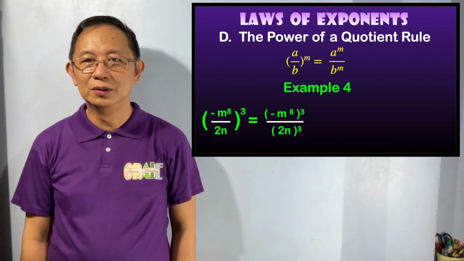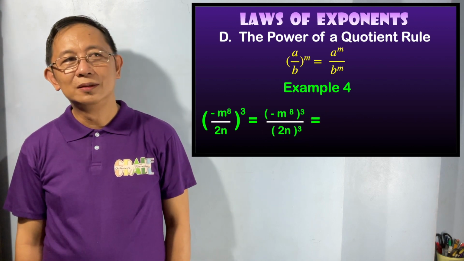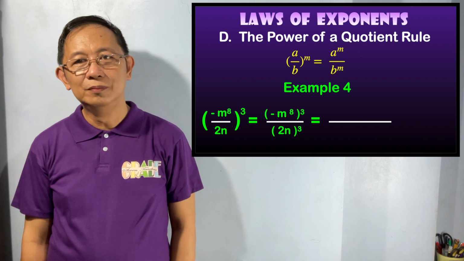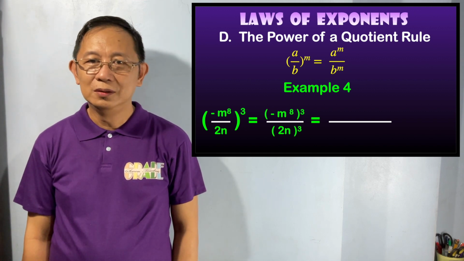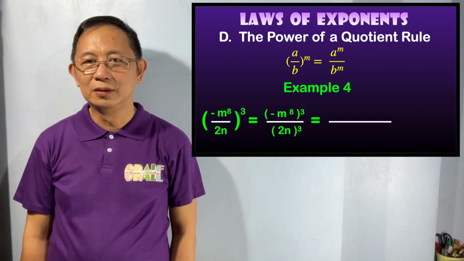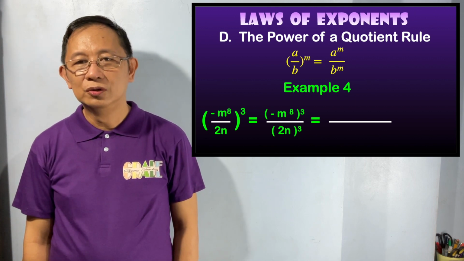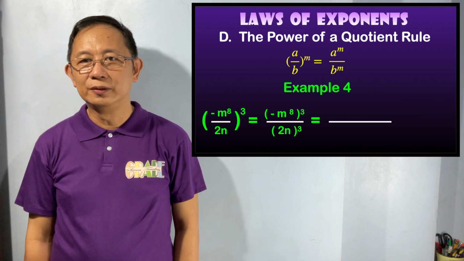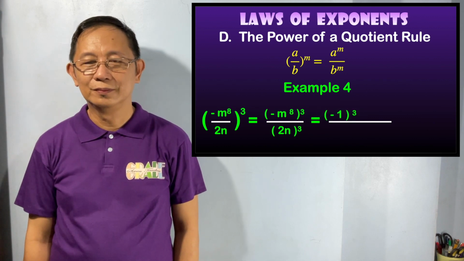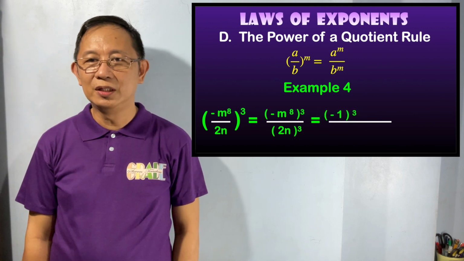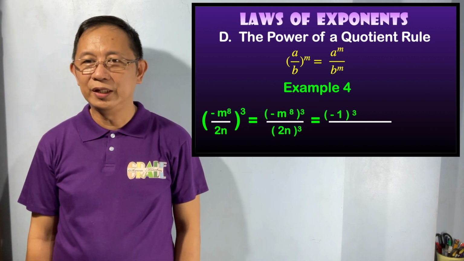This is equal to, remember that the coefficient of m to the 8th power is negative 1. So we will share 3 to negative 1. And then, we will share 3 to m to the 8th power.